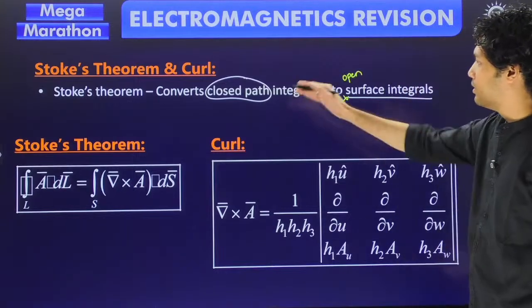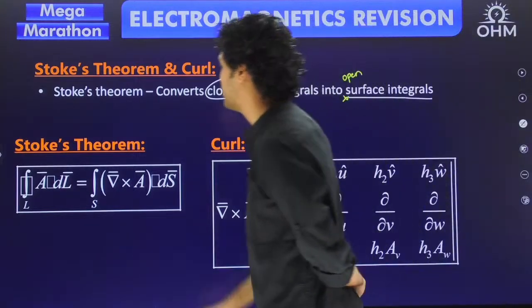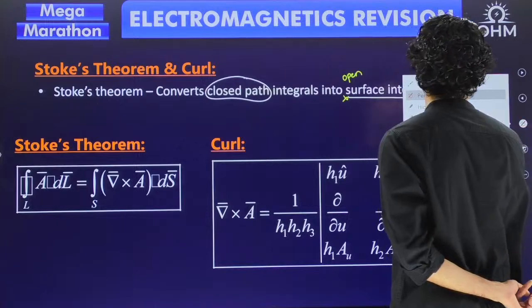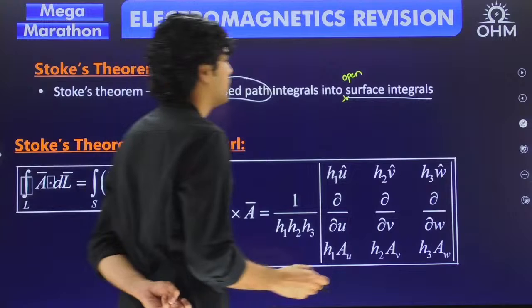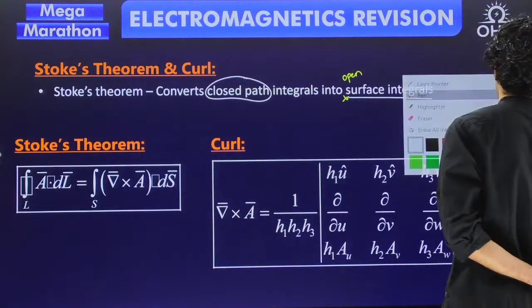Stokes theorem simply says that whenever you have A bar dot dL bar, this closed path integration of A bar dot dL bar is the same as the circulation of A bar.